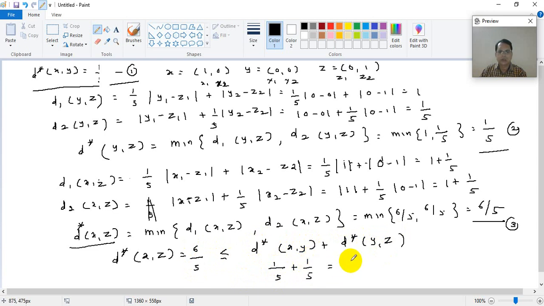That means this is 2 by 5. So d star xz, which is 6 by 5, must be less than or equal to this quantity, but this is 2 by 5, so 6 by 5 is not less than or equal to it. That means the triangle inequality is not satisfied, and as the triangle inequality is not satisfied, this is not a metric.